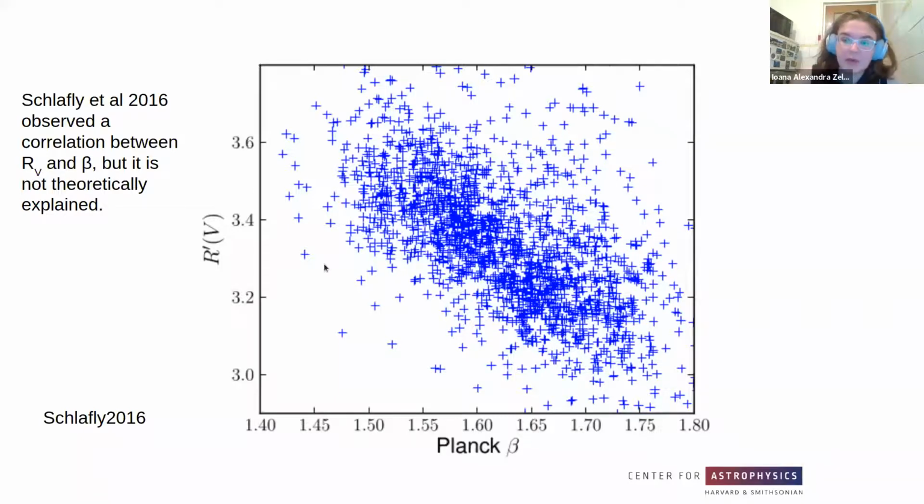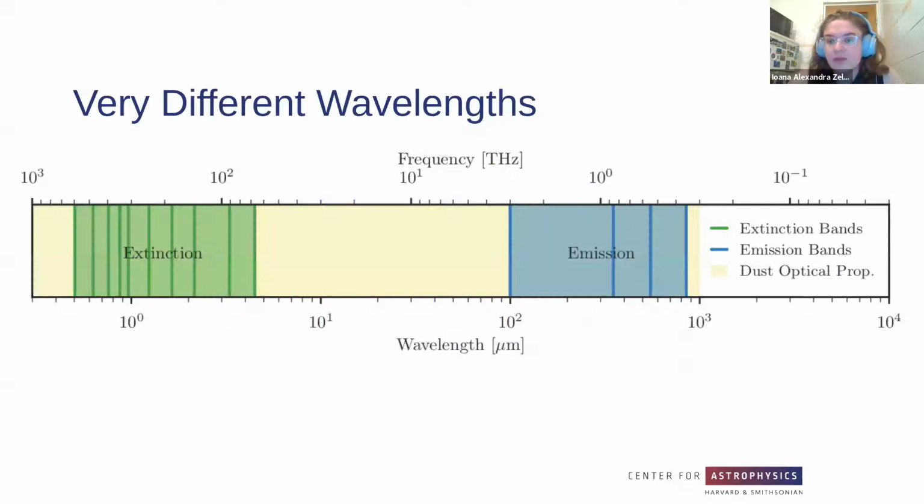As I was studying the foreground for the peaks emission, I tried to see if I can explain this anti-correlation, like what could be causing dust to have this anti-correlation property, because these physical processes, the extinction and the emission, are happening at very different wavelengths. So there was no direct intuition as to what could be causing this.